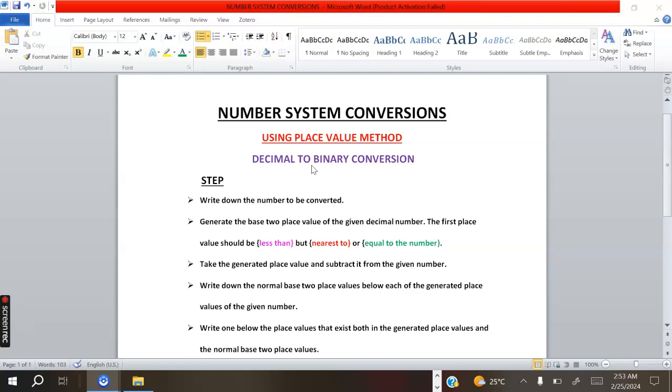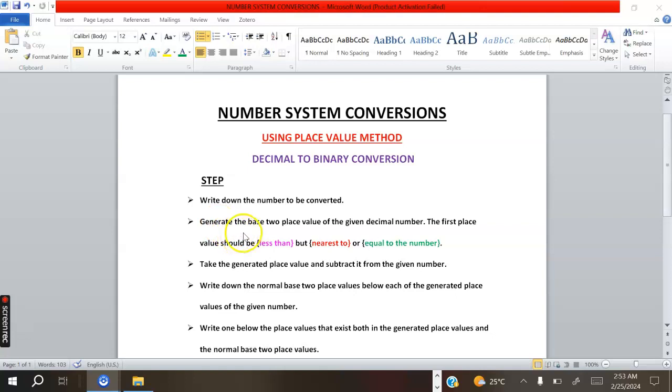If you had watched the other video, you will find that the steps that we treated there are quite a few compared to this one, but maybe you will judge based on how you understand the two methods of converting numbers from decimal to binary. For this one, you just write down the number to be converted. Then number 2, generate the base 2 place values of the given decimal number.